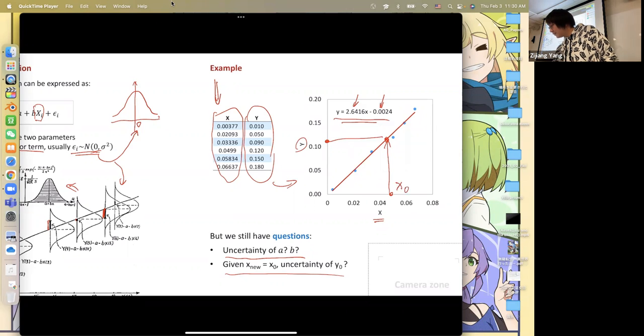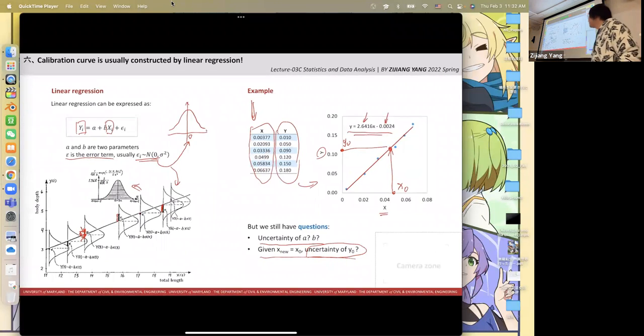Let's say this is x0, this is y0. But we are also interested in the uncertainty of this y0, and this does not tell us. So in this course, we need to find the uncertainty of this. To answer this question, for this example, do you have any questions?